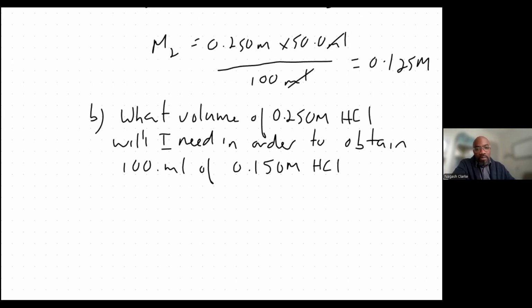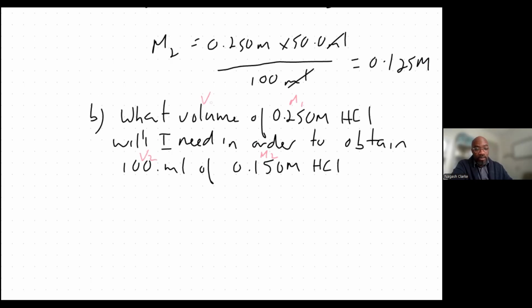So what volume of 0.25 molar HCl will I need in order to obtain 0.150? So the M2 is always smaller than M1, so that's M2, that's M1. And that's V2, because that's in order to obtain. And then what volume is V1? That's the one we don't know.